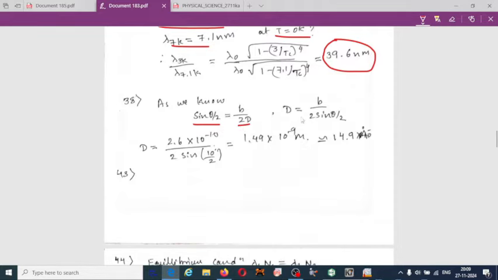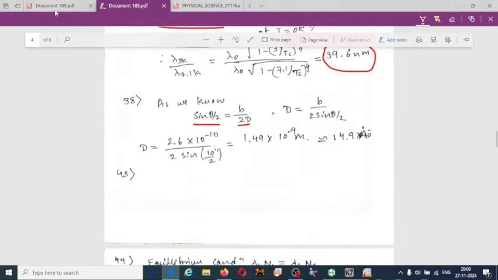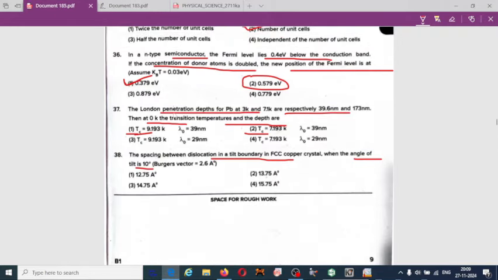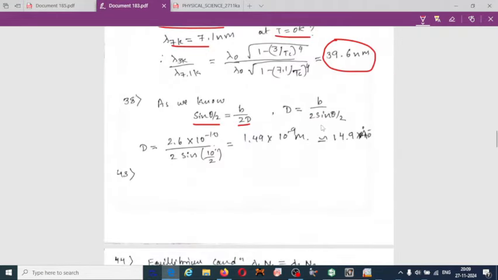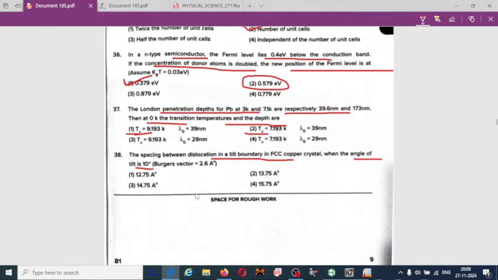The D value, the spacing, you need to calculate with the help of this formula, and if you substitute you will get 1.49 times 10 to the power minus 9 meter, that is 14.9 angstrom. For 38, they have given option 2, but the correct one is near to 14.75.